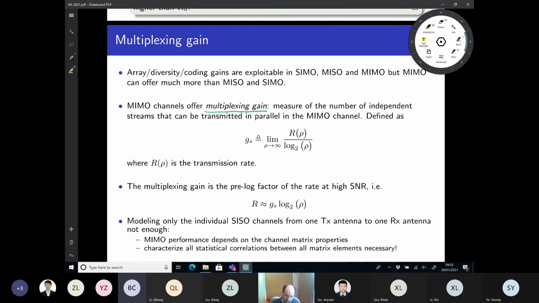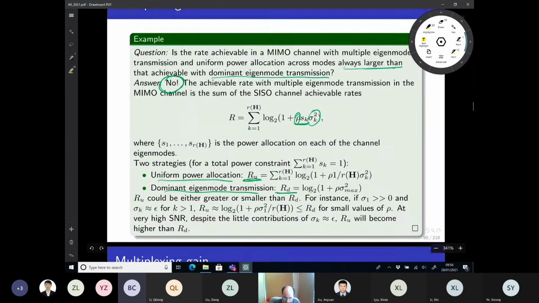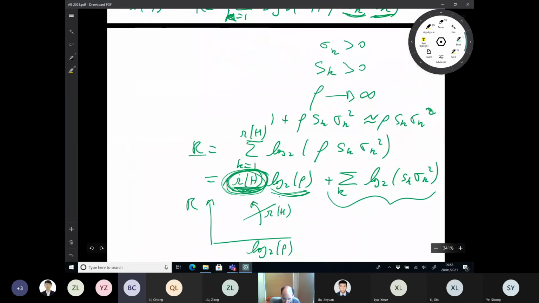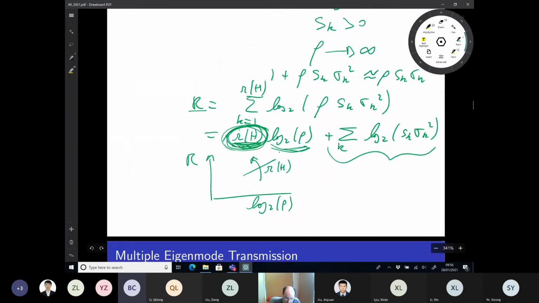And this is measured at high SNR, given by the ratio between the rate and the SNR in dB, and you look at this ratio when the SNR grows to infinity, right? So here, in the equation I had here, this is my rate as a function of my long-term SNR, rho.